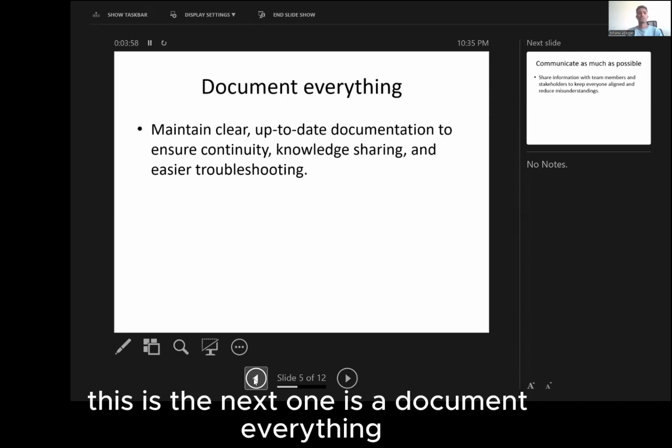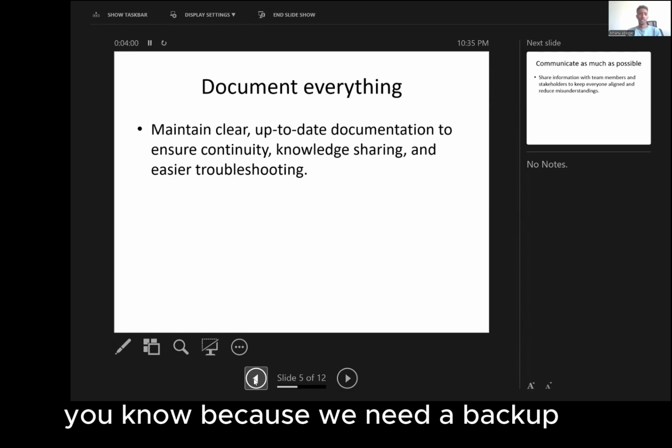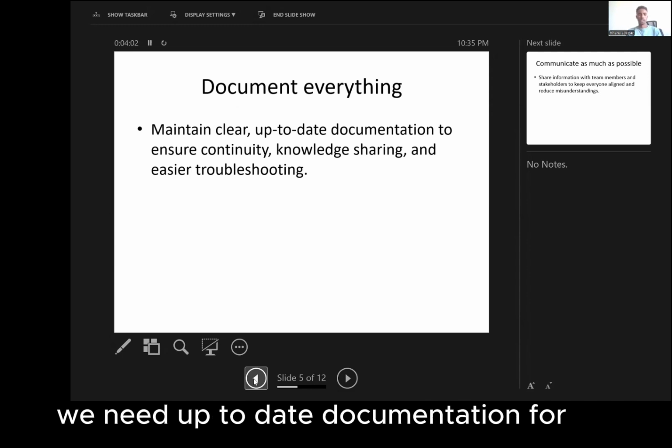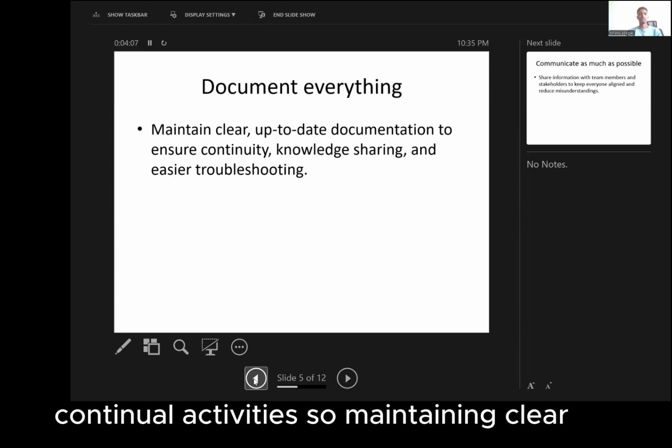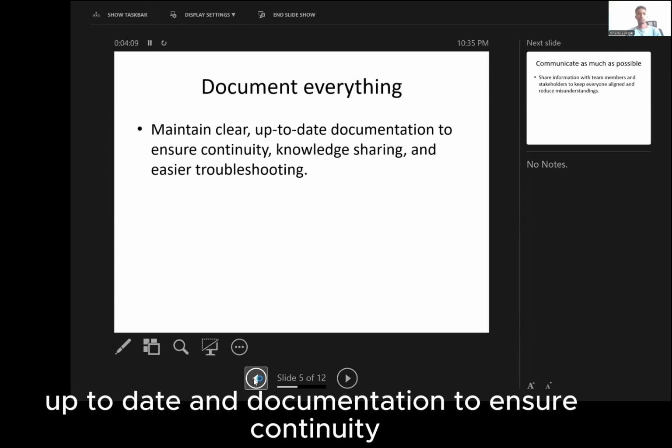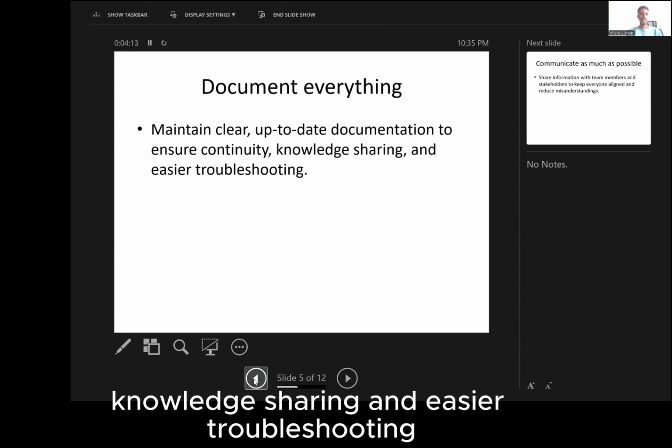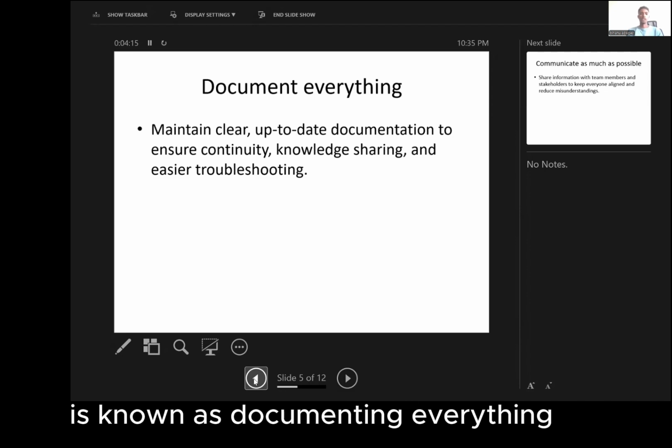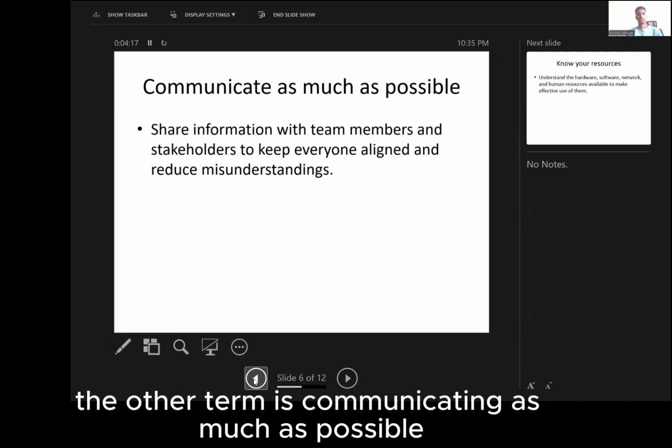The next one is document everything, because we need a backup. We need up-to-date documentation for continual activities. So maintaining clear, up-to-date documentation to ensure continuity, knowledge sharing, and easier troubleshooting is known as documenting everything. The other term is communicating as much as possible.